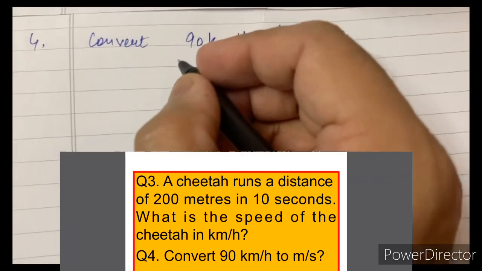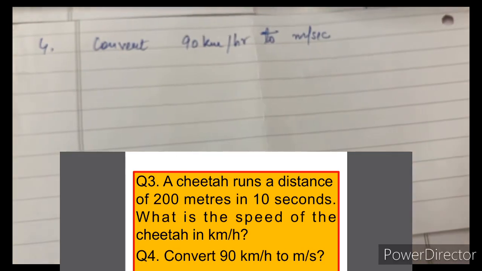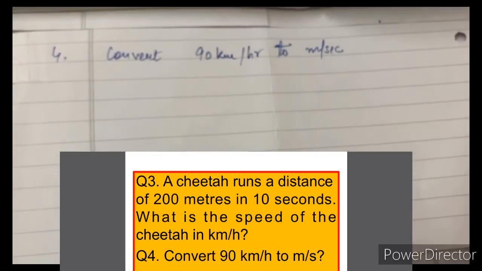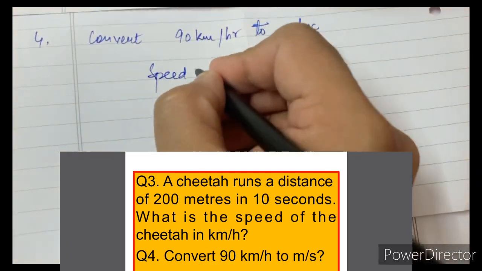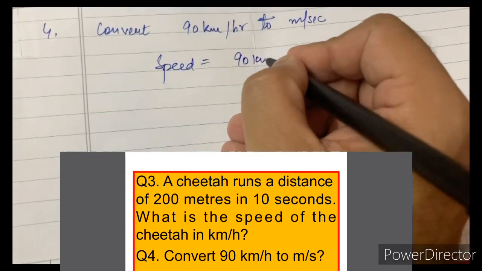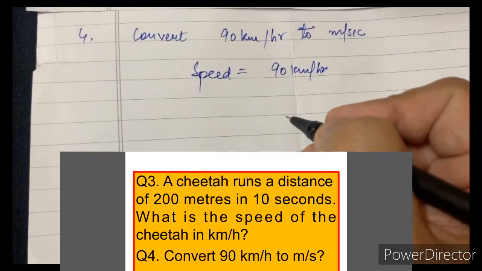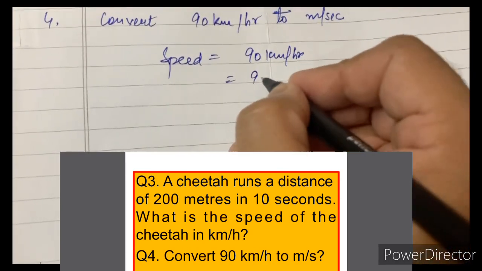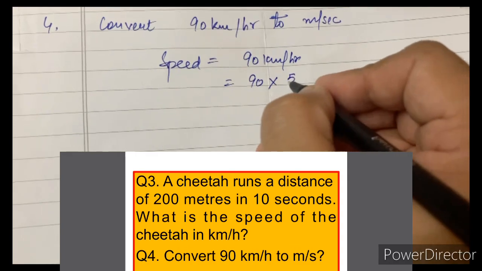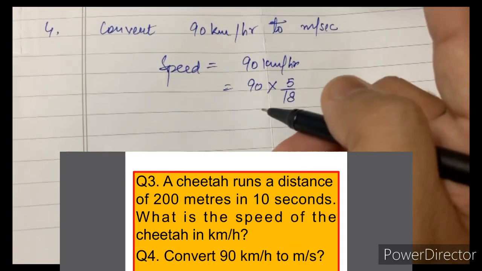Now, how are we going to do this question? In the same manner, speed is already given, that is 90 kilometer per hour. To convert this speed into meter per second, we have to multiply this 90 into 5/18, the reciprocal of that fraction.